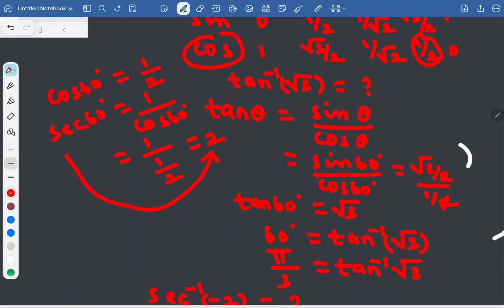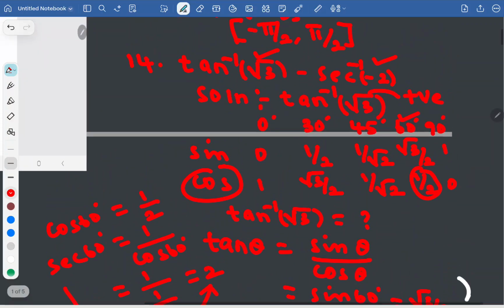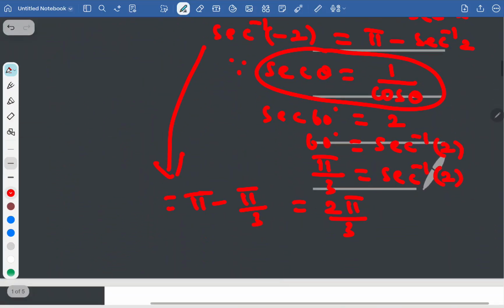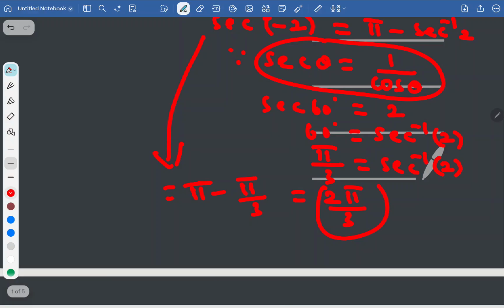Tan inverse of root 3 is pi by 3. Secant inverse of minus 2 is 2 pi by 3.